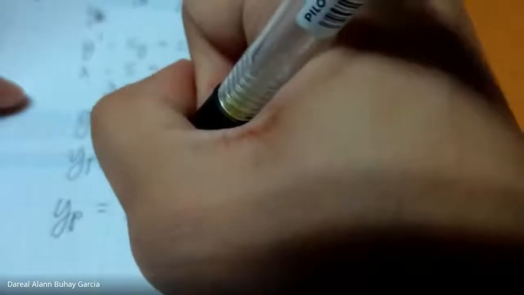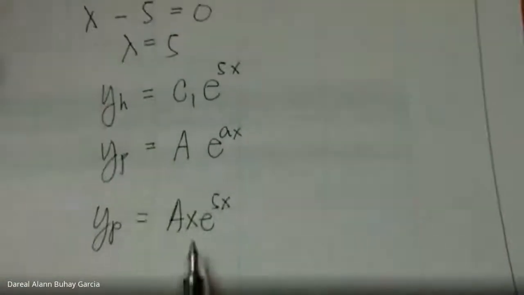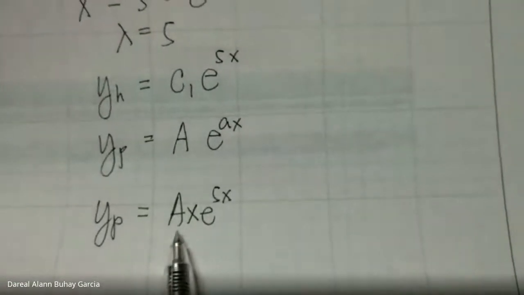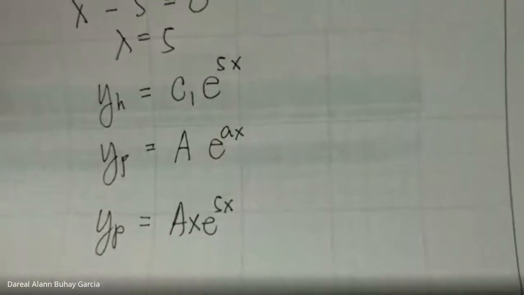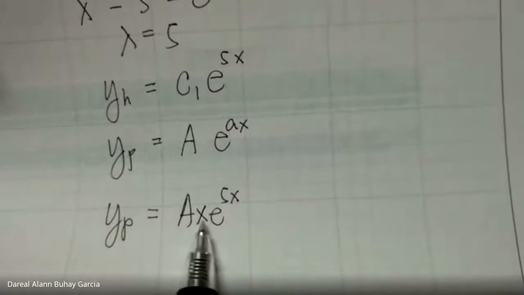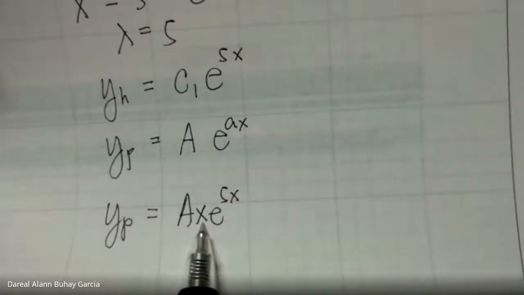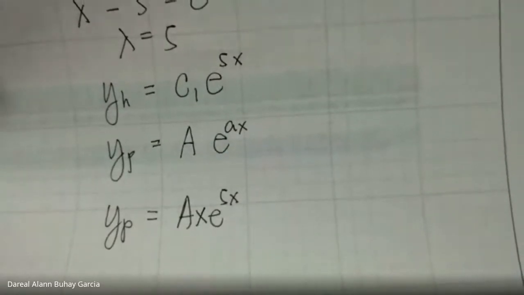I think x to the power of 1 is enough. I think that's good. This way it looks different from our y sub h. So we multiply by a polynomial x, a first degree polynomial.